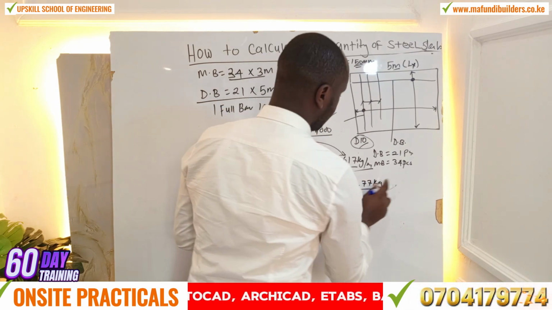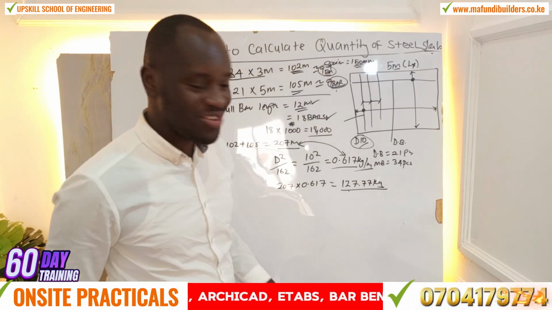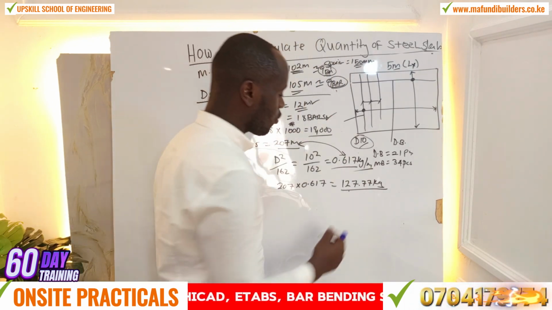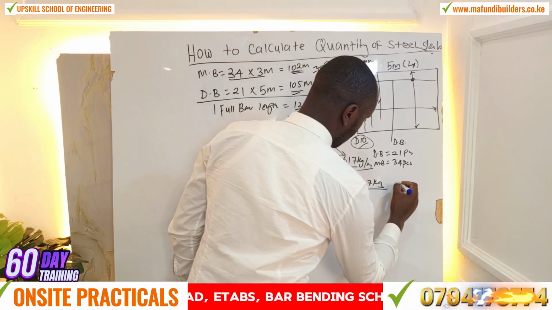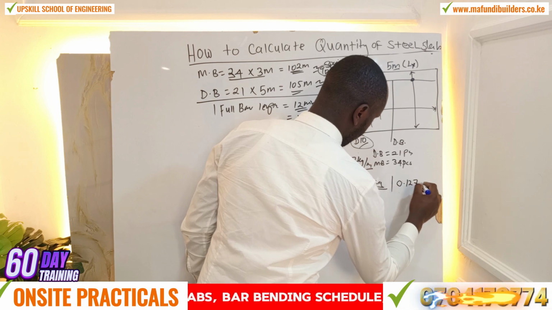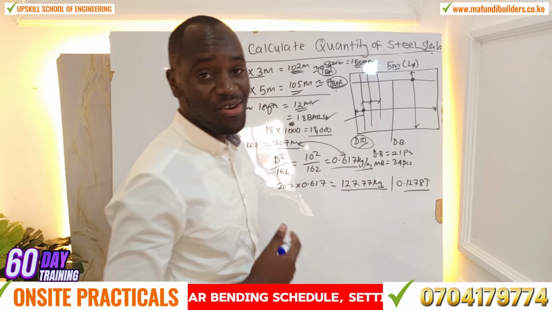So this is the amount of steel in kg that you're going to buy in your hardware, guys. Or actually, guys, you can also give it in terms of tons, where you divide by 1,000. So you're going to get 0.1278 tons, right? So that is the weight, guys.